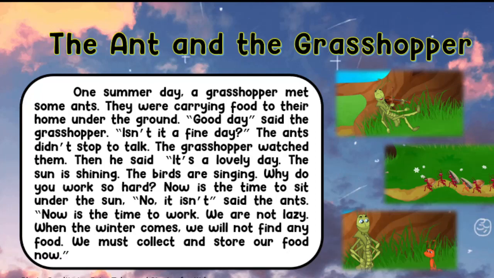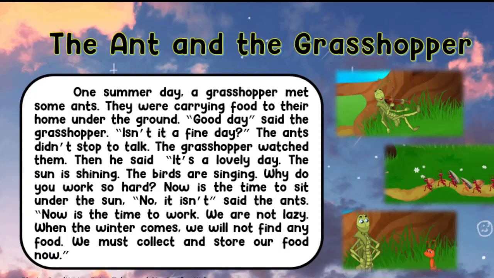One summer day, a grasshopper met some ants. They were carrying food to their home under the ground. "Good day," said the grasshopper. "Isn't it a fine day?" The ants didn't stop to talk. The grasshopper watched them. Then he said, "It's a lovely day. The sun is shining.